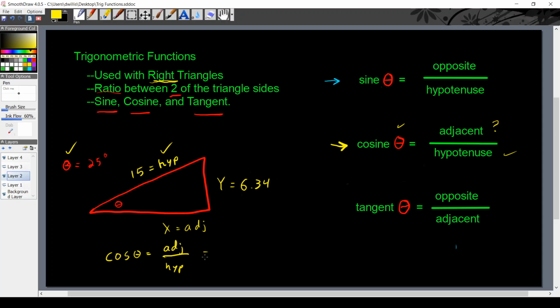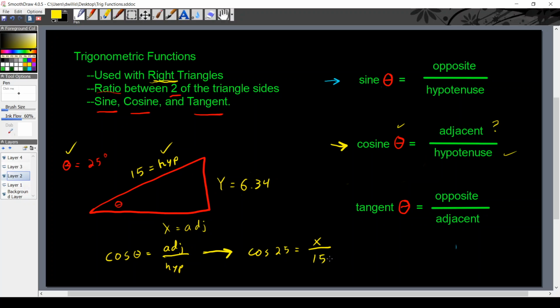Then I'm going to substitute my values in, so cosine of 25 is equal to the adjacent side, which I'm going to call x, divided by my hypotenuse, which is 15.